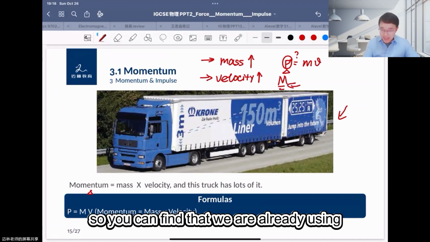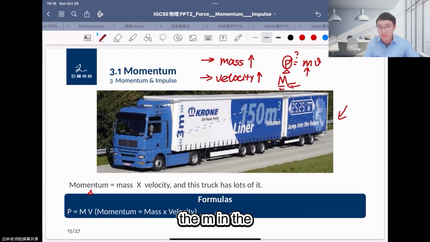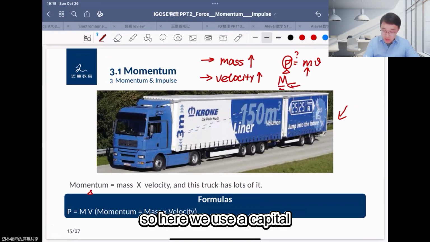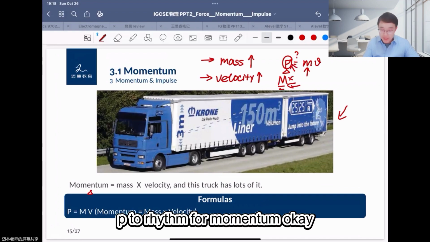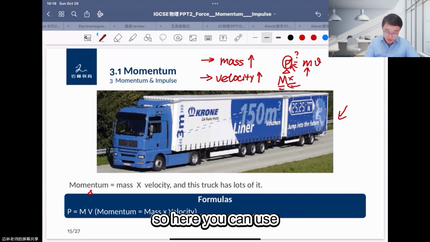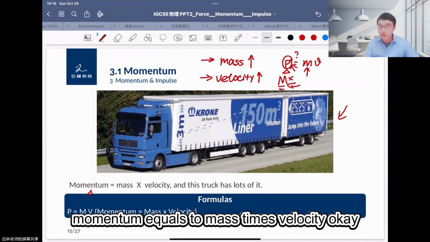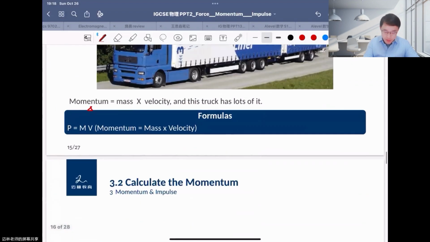You can find that we are already using the M for mass, right? So we don't use the capital letter M, but we use a P to represent momentum. So momentum equals mass times velocity.